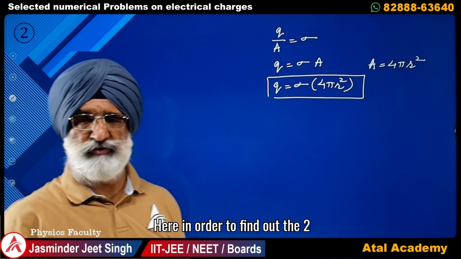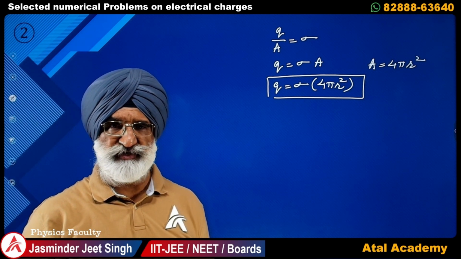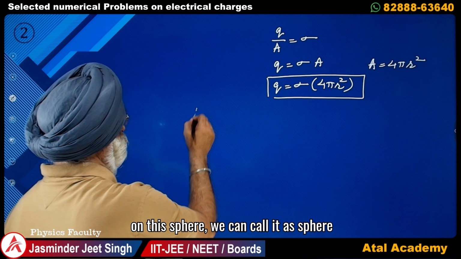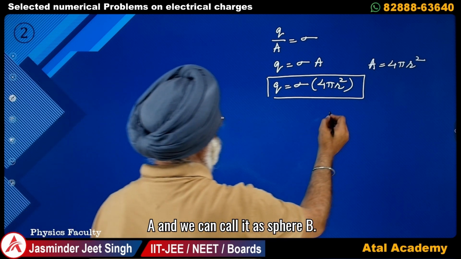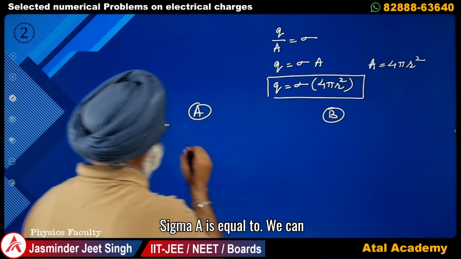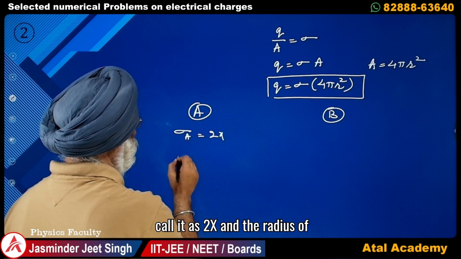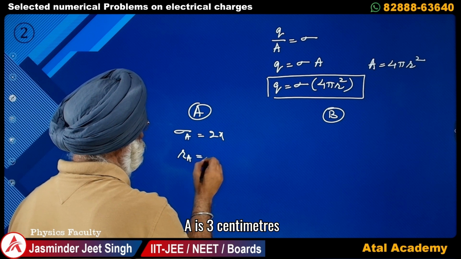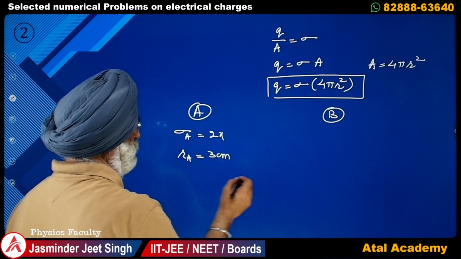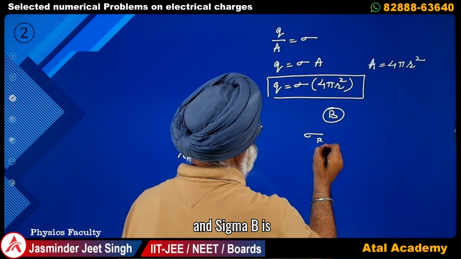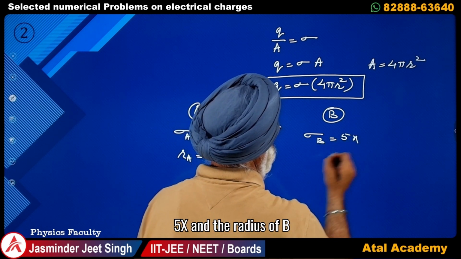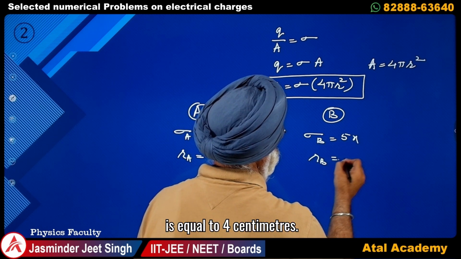Here, to find the two charges, we call them sphere A and sphere B. Sigma A is 2x and the radius of A is 3 centimeters, and sigma B is 5x and the radius of B is 4 centimeters.